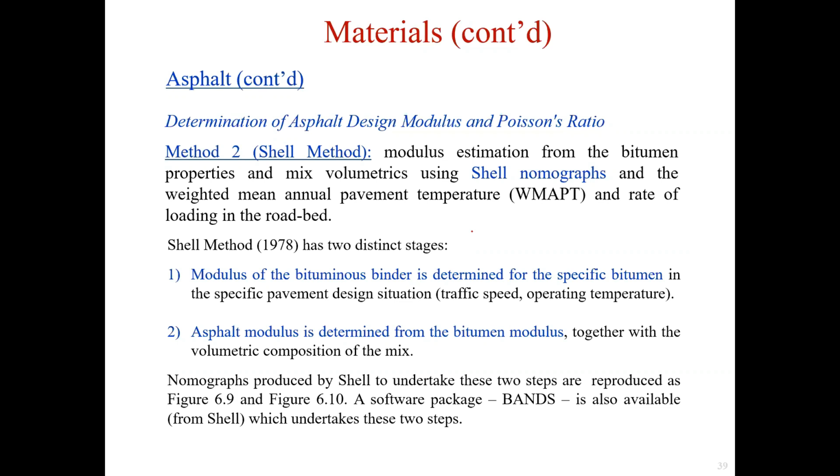The Shell method has two stages. Firstly, the modulus of bituminous binder is determined for specific bitumen in the specific pavement design situation, for example, the traffic load, traffic speed, and operating temperature. Then asphalt modulus is determined from the bitumen modulus and the volumetric composition of the mix.